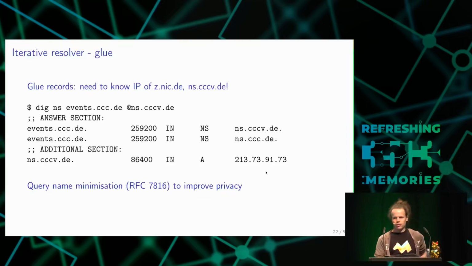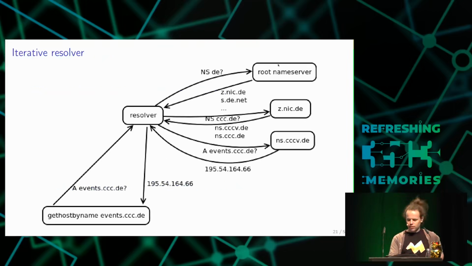The iterative resolution I just showed in the earlier slides uses query name minimization to improve privacy. That is a concept where you don't ask the root name server for the entire domain name. So you don't ask the root name server who is events.ccc.de.